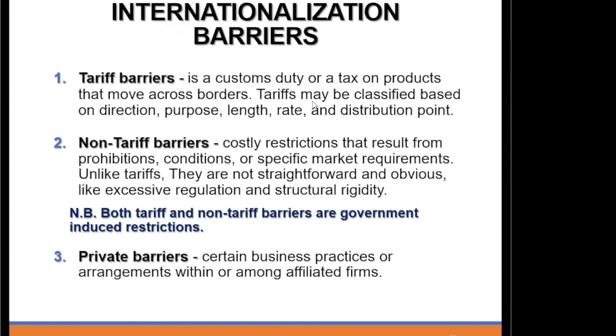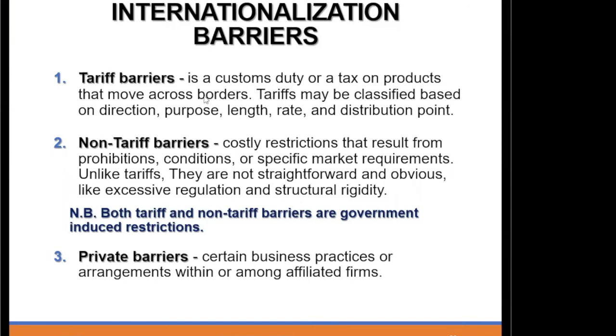Or certain structures that make the whole process rigid and try to limit the ability of exporters or firms to be able to move their products and services across borders as easily as they used to, right? However, both of them are induced restrictions introduced mainly by governments, even though one is a direct duty or payment, and the other one is not as direct and straightforward.